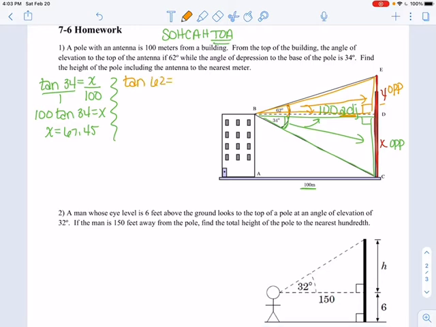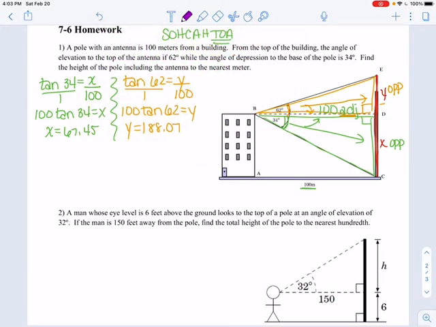So the tangent of 62 equals the side opposite, which is Y, over the side adjacent, which is my 100. Cross multiply, and I'm going to have 100 times the tangent of 62 equals Y. Chuck that into the calculator, and again, I won't round too soon, you should get 188.07.